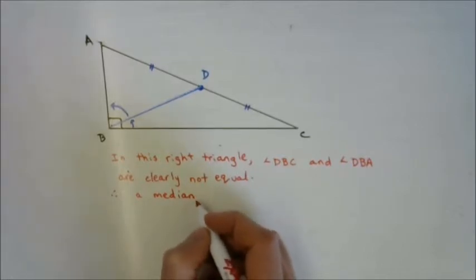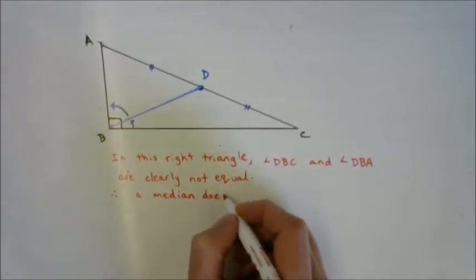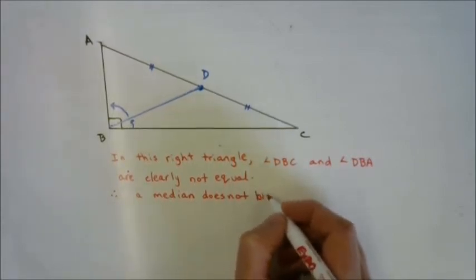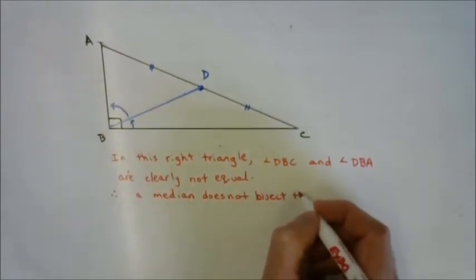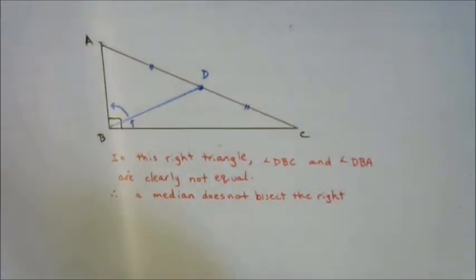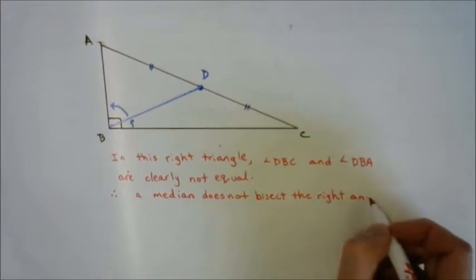Therefore, in this right triangle, the angle DBC and the angle DBA are clearly not equal. Therefore, a median does not bisect the right angle. That is not a property. That is only a property in a right isosceles triangle, not in a right triangle.